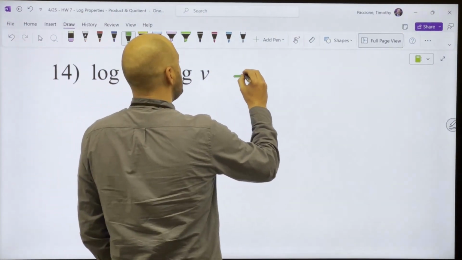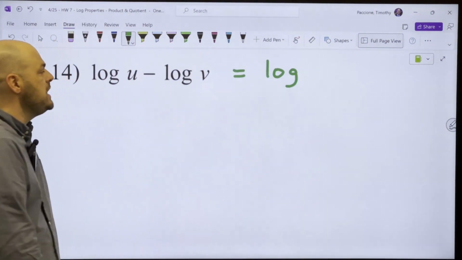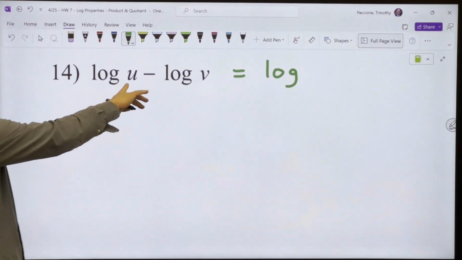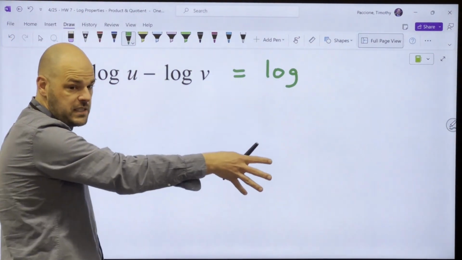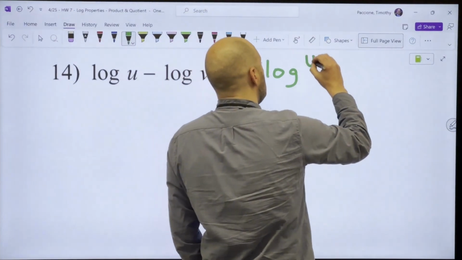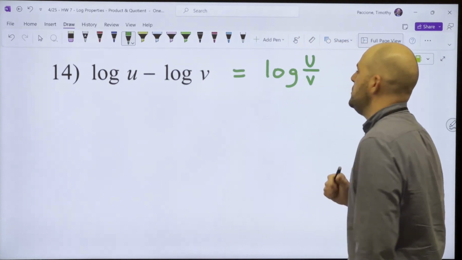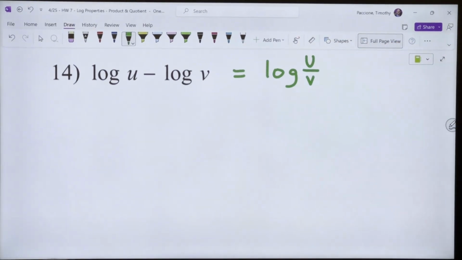I want just the one log, and our base is 10 here, so we don't have to write a base. And then I say, subtraction on the outside, so that means what on the inside? Division. So the first thing, whatever's being subtracted goes on the bottom, so that's u divided by v. Okay? That's your first rule.